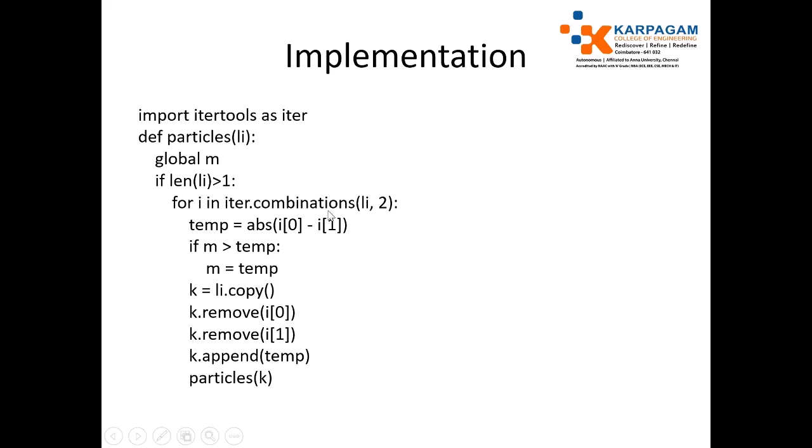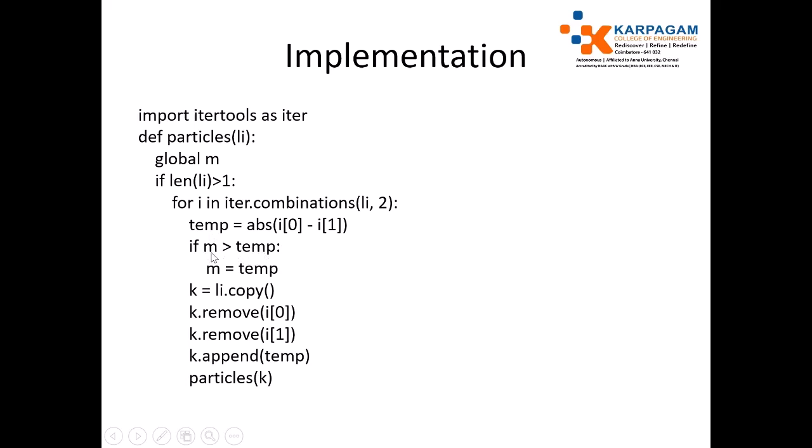So we generate combinations by using the list elements: for i in iter.combinations(list, 2). This generates combinations of the list of size 2. These values are stored in i. Now I find the absolute difference, i of 0 minus i of 1, and store it into temp, which is then compared with m.